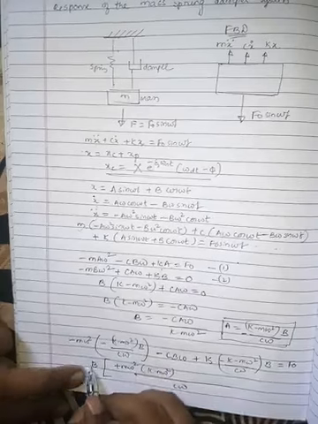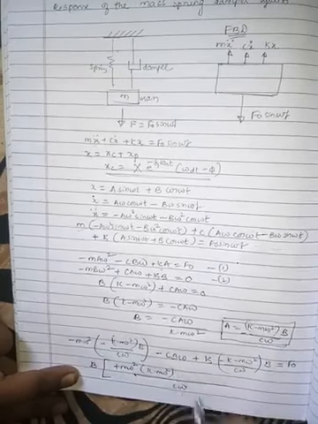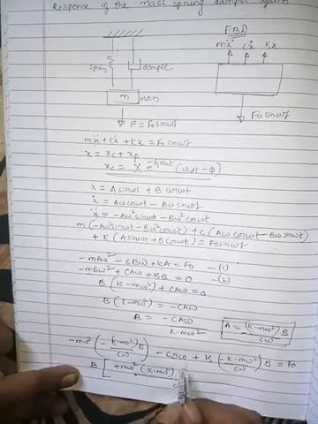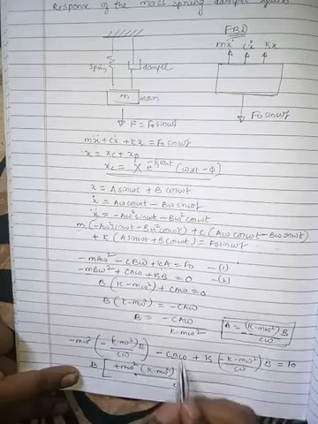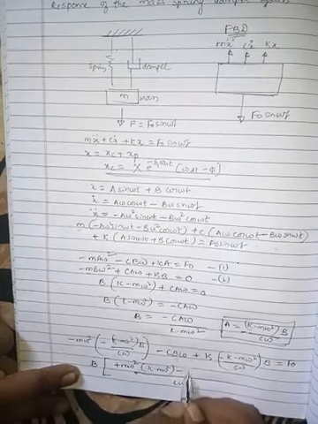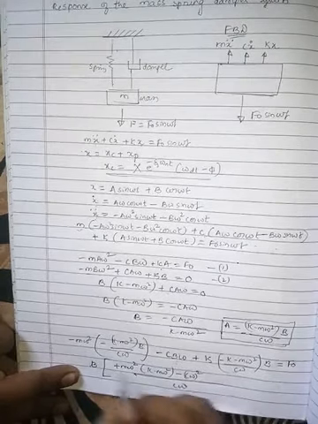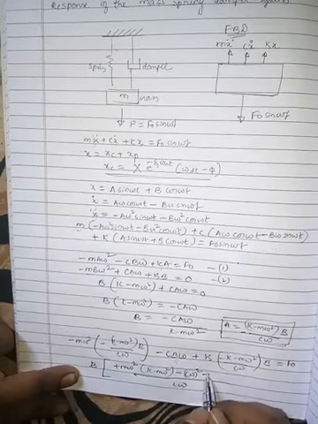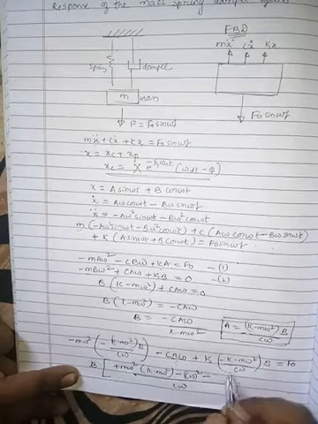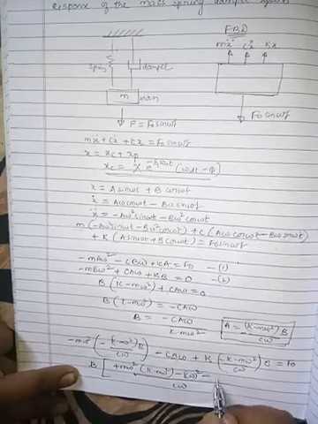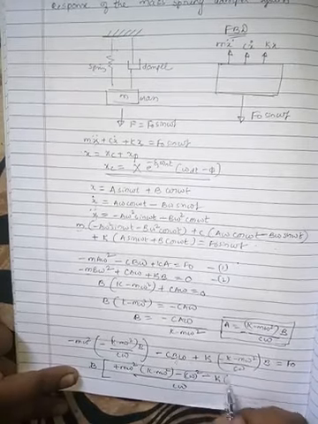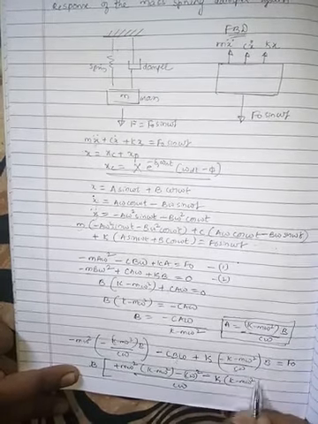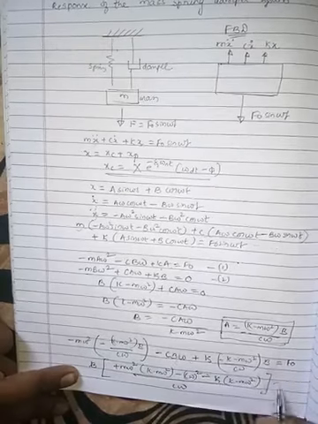B is already taken outside. Then taking this LCM, c omega, it is c omega square. This minus is taken outside, so it is k minus m omega square, equal to f naught.